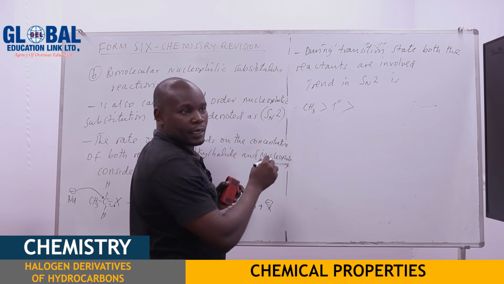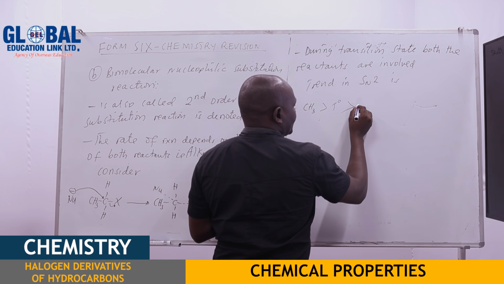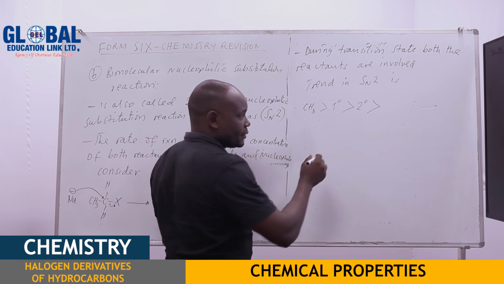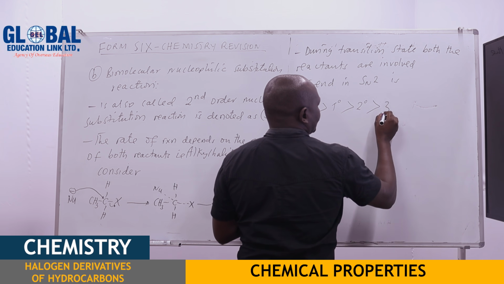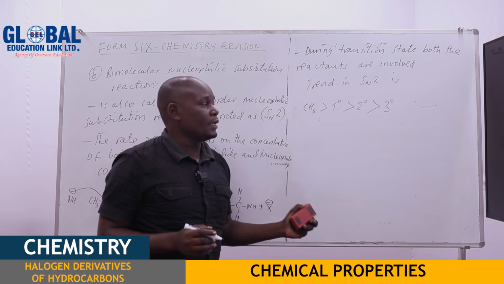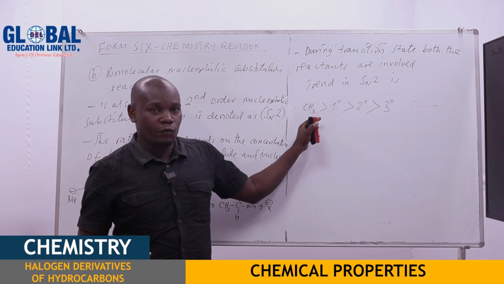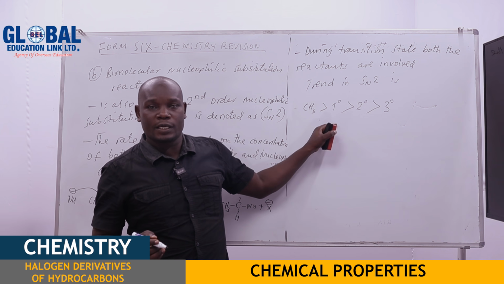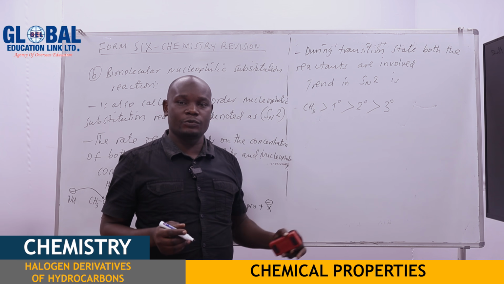The primary alkyl halides are also more reactive than the secondary alkyl halides, and the secondary alkyl halides are more reactive than the tertiary alkyl halides. So that is the order of reactivity in second order nucleophilic substitution reactions.